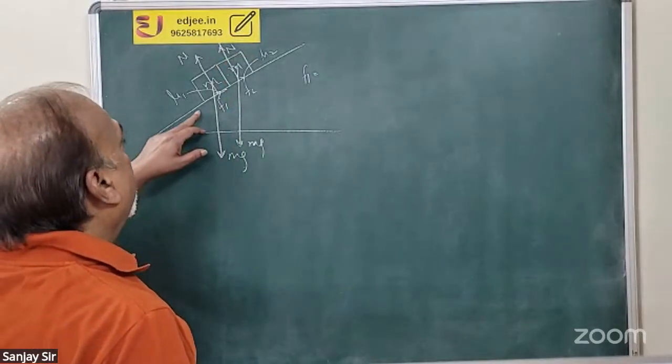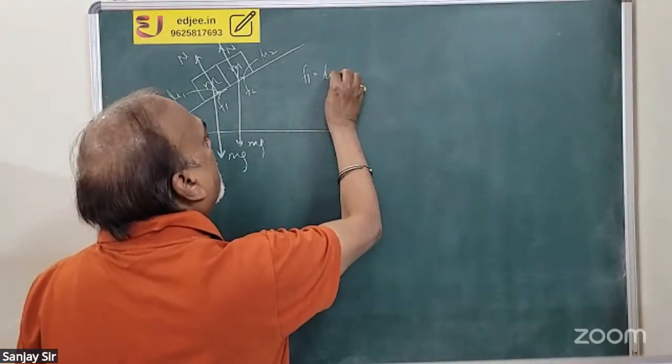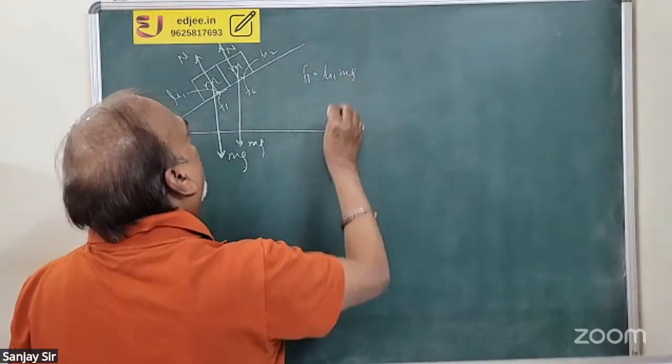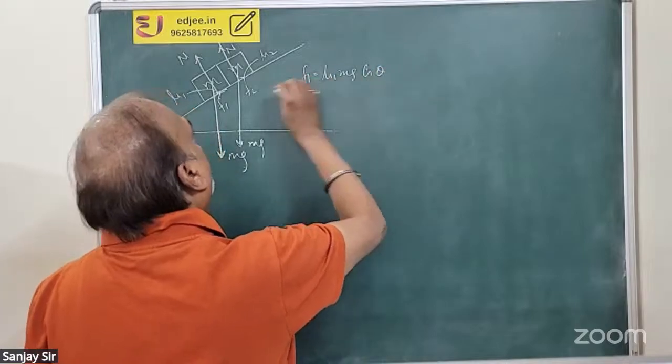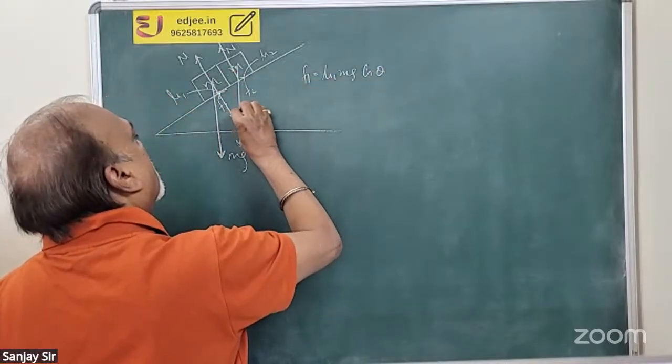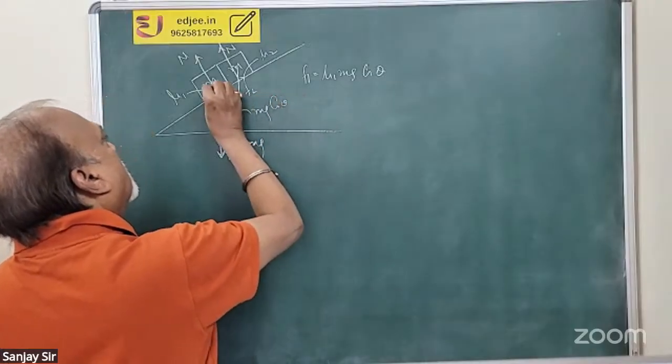F1 is nothing but mu1 mg cos theta, because this is your cos theta.